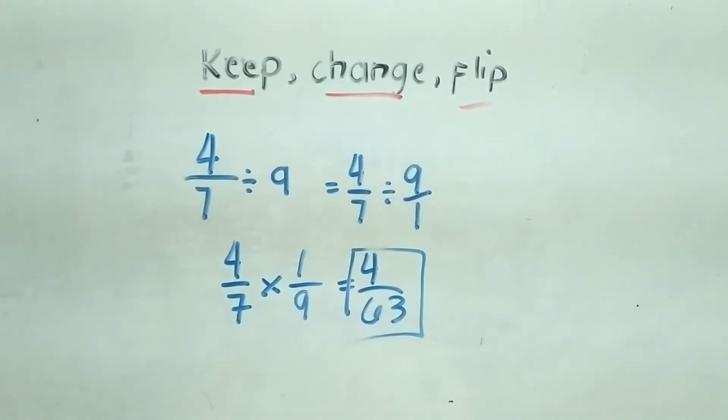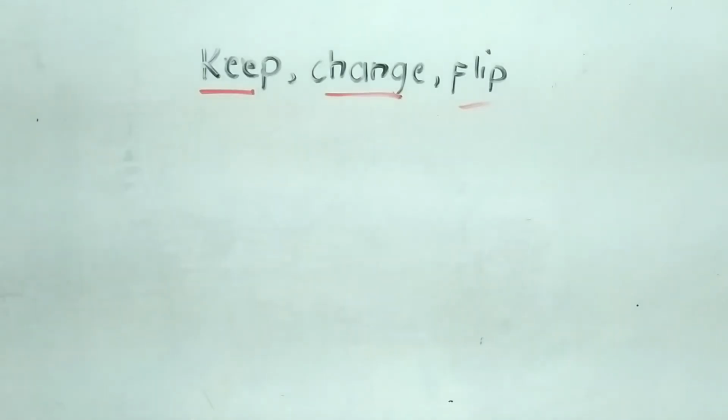Naintindihan ba? So, now, let's move on in mixed number. So, katulad din ng ginawa natin before, kapag mixed number ang ating example, ang ating given, gagawin lang natin tong improper fraction. And then, apply the rules for dividing fractions.